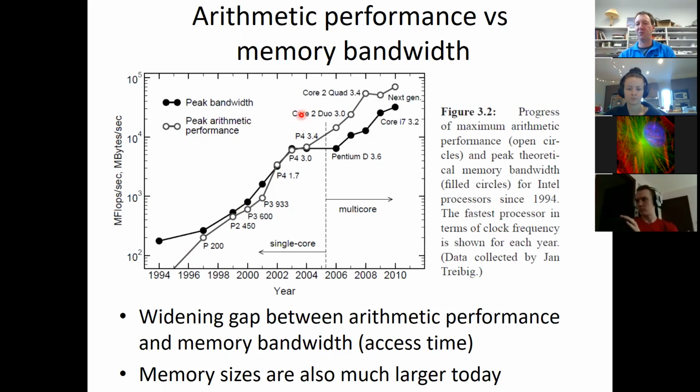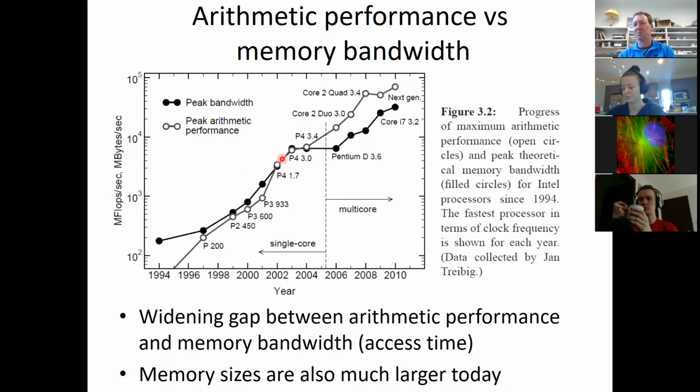After 2004, there was a change in the architecture. This is where multi-core processors were introduced, and where you see the arithmetic performance still increased exponentially, because the y-axis is a logarithmic scale, so it's really still an exponential increase of arithmetic performance.